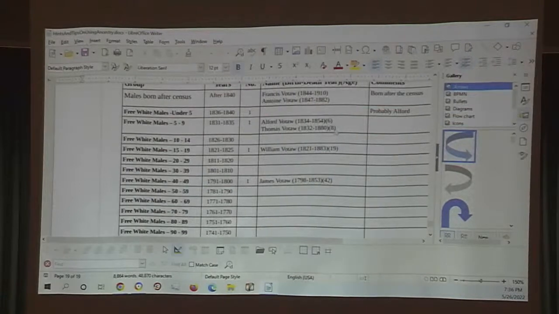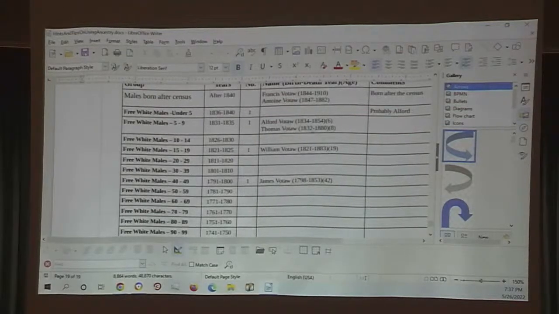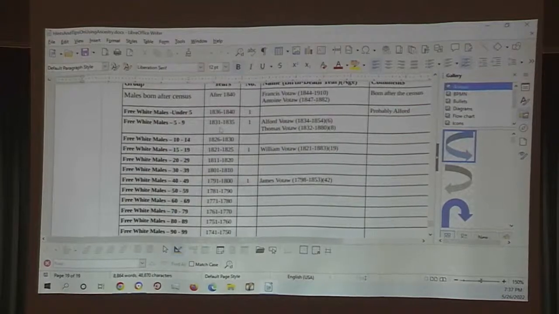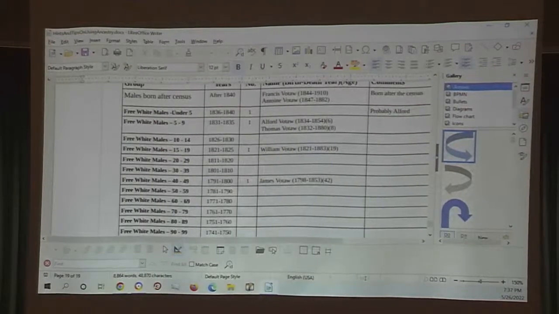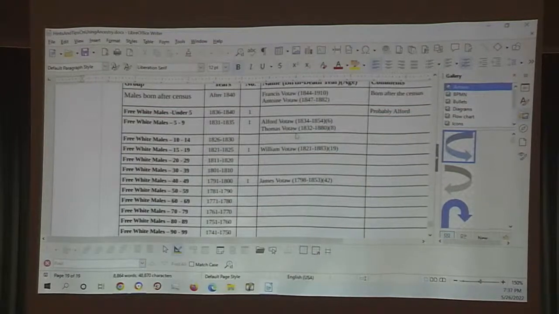He was age 8. I also put down the years for you so you know that 1834 goes in this block here, and 1832 goes in this block here. So I put a note up here that this one under 5 was probably Alfred. He's just in the wrong block on my profile. Does that make sense? Okay.